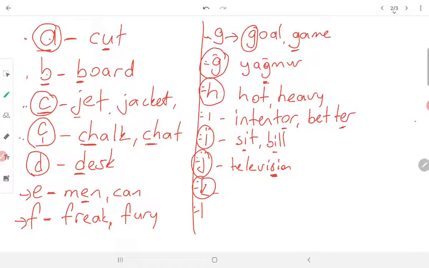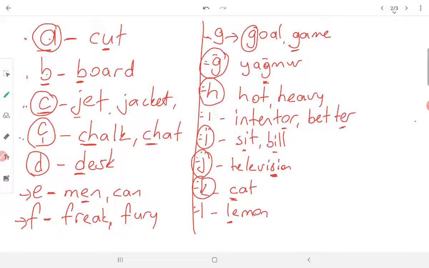K, k, the same sound. Cat, okay? And the other letter is L, L, le, le, like lemon, right? Lemon, L, L. Alright, so we learned 15 letters today.